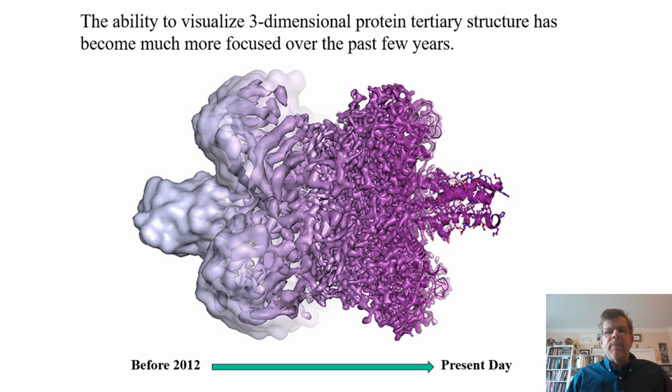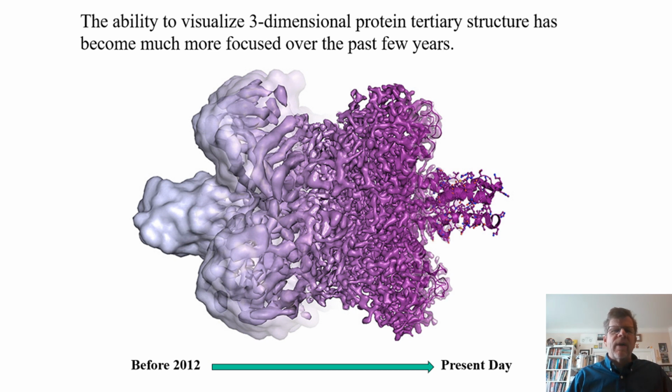It is important to mention here, remember a few slides ago when I showed you those representations of tertiary structure based on a computer representation of actual X-ray diffraction data from an actual protein crystal. We were able to get an idea of the three-dimensional topography of a protein and its tertiary structure.